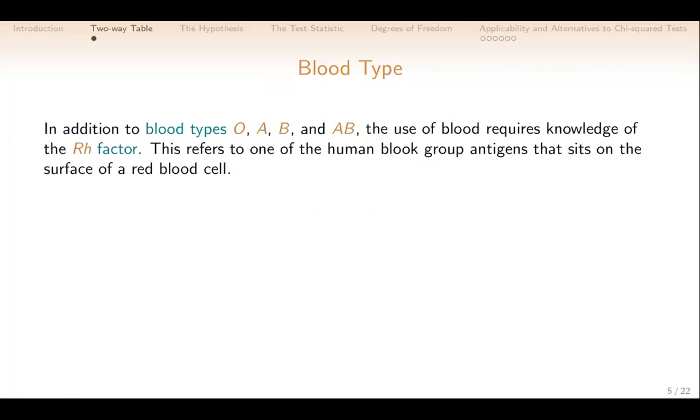And that second child is what's necessary because the immune response happens after the first child is born. And so they're called positive or negative, and they refer to that one antigen. I think it's called antigen D.